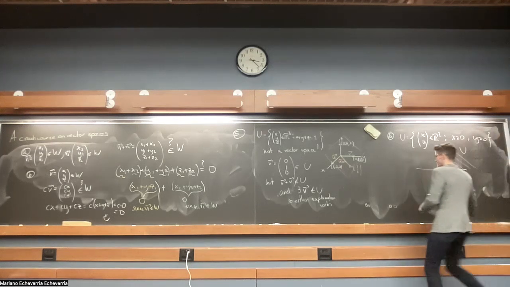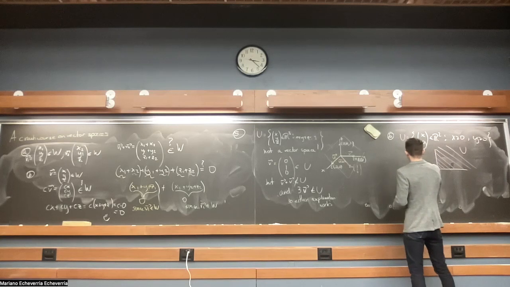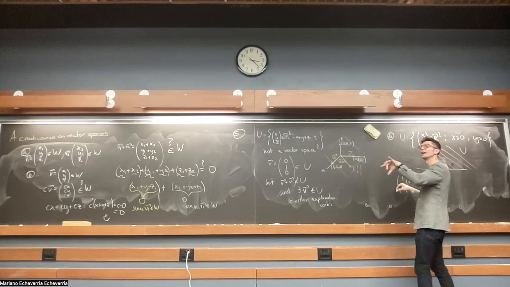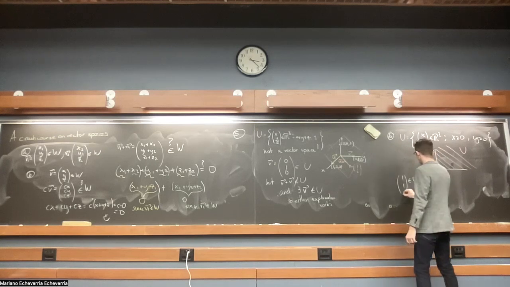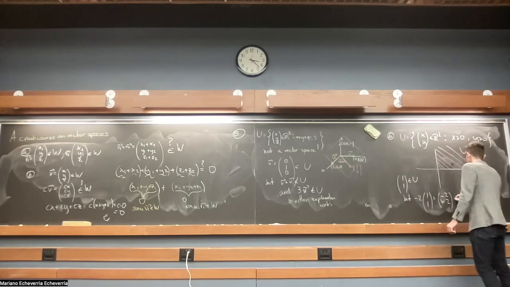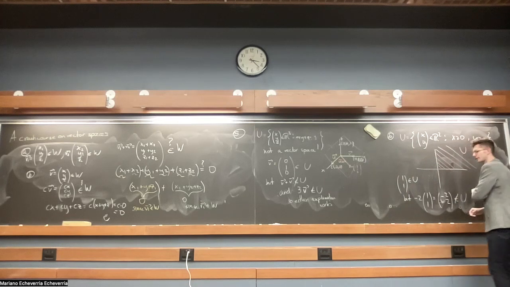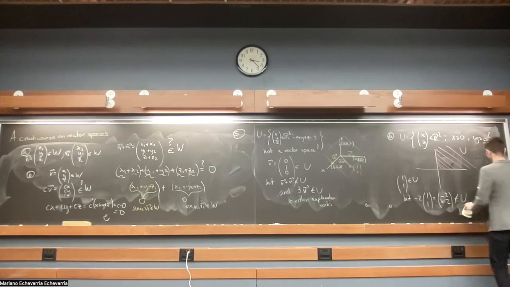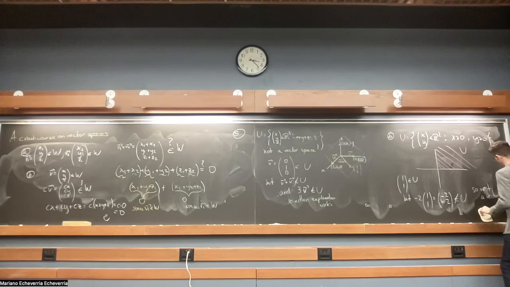For example, you have 1 inside of U, but if you multiply this by -2, because you have to be able to multiply by any number that you want, it does not belong here, so this doesn't work. So it's not a vector space. Does that make sense?